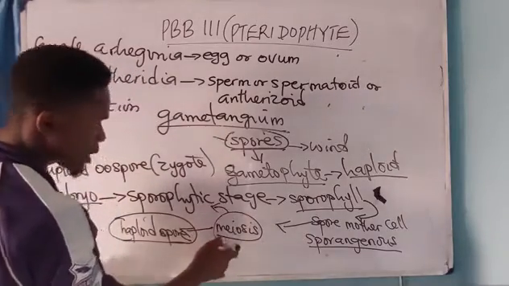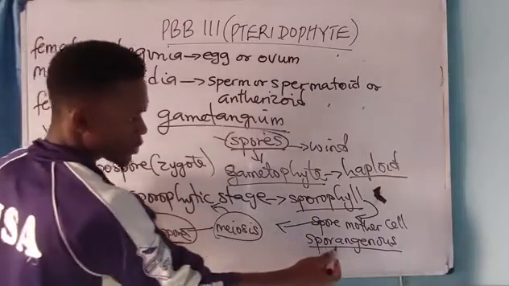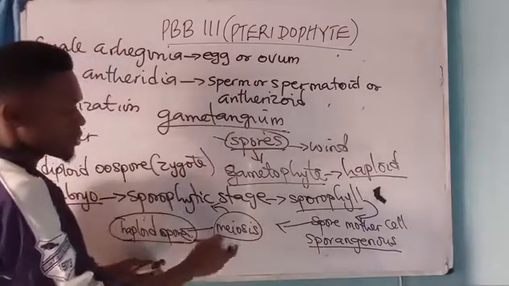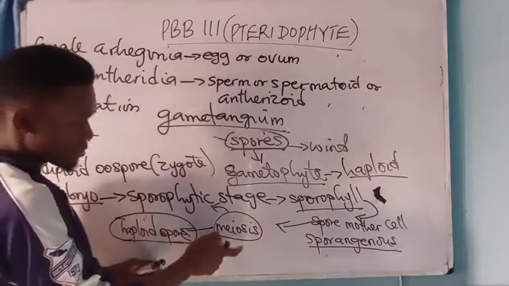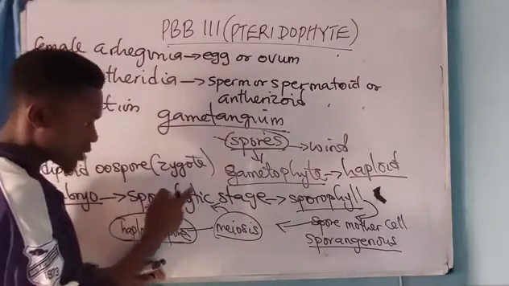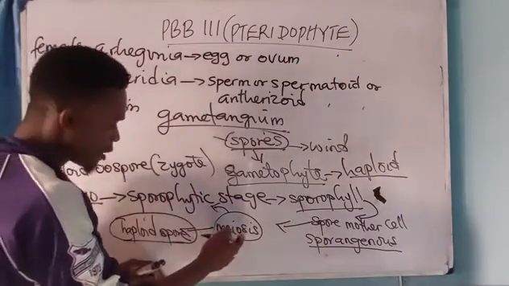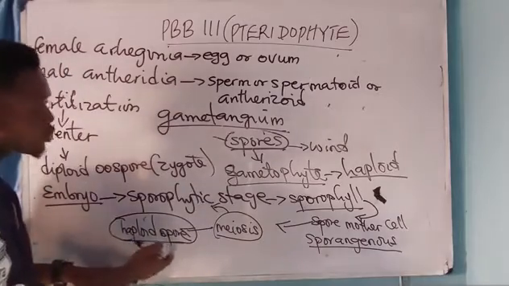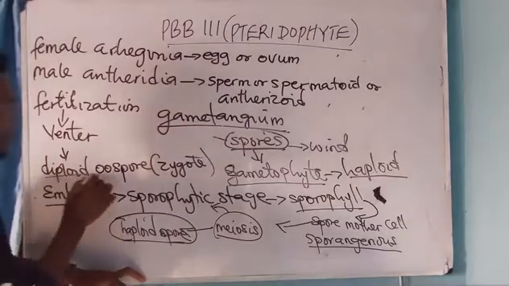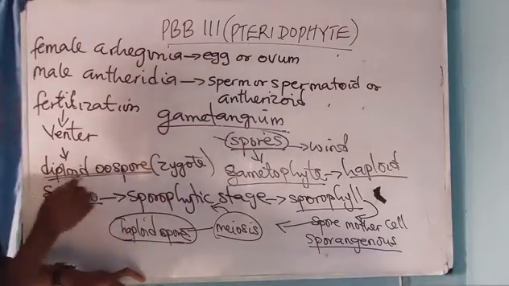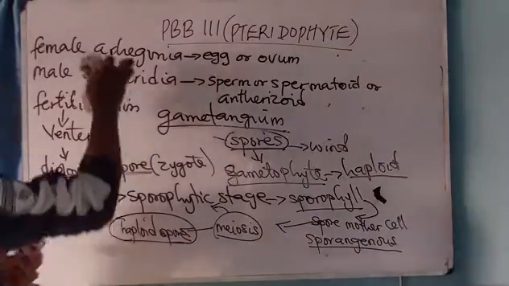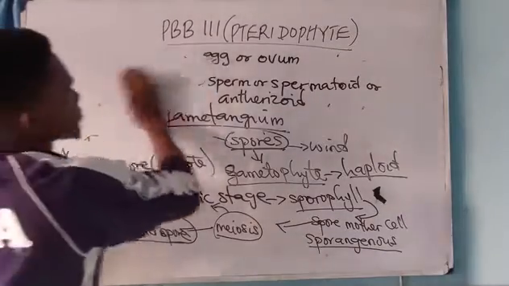It is the sporanginoid cells or the spore mother cells inside here that undergo this meiosis, please. The sporophytic stage undergoes meiosis to produce what? Haploid spore and not diploid spore. It is only during fertilization that there is formation of what? Diploid spore. Okay? And this spore now develops into what? Embryo.